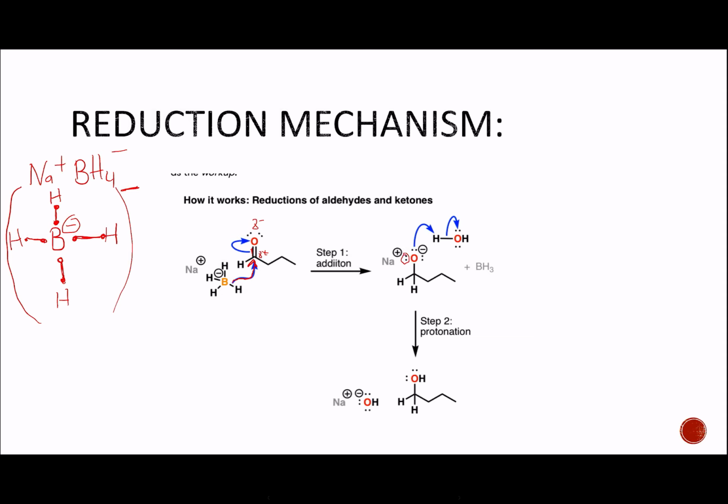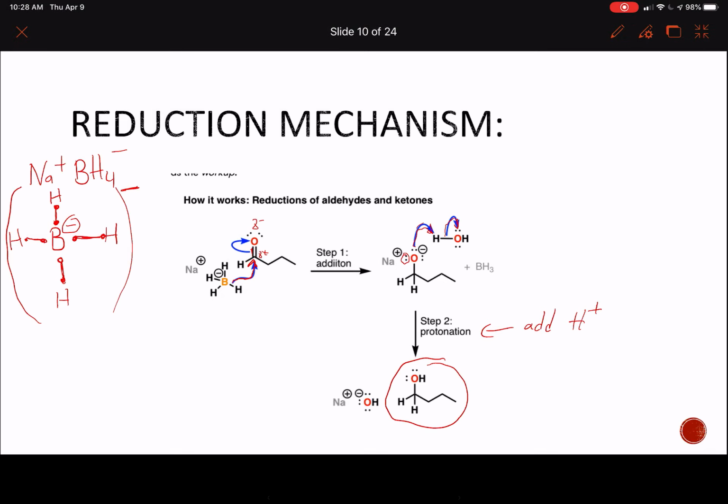And then another pair of electrons from the oxygen would grab a hydrogen, and this curly arrow would go over to give you OH minus, and you would end up with an alcohol. Protonation means adding H plus, adding a proton.